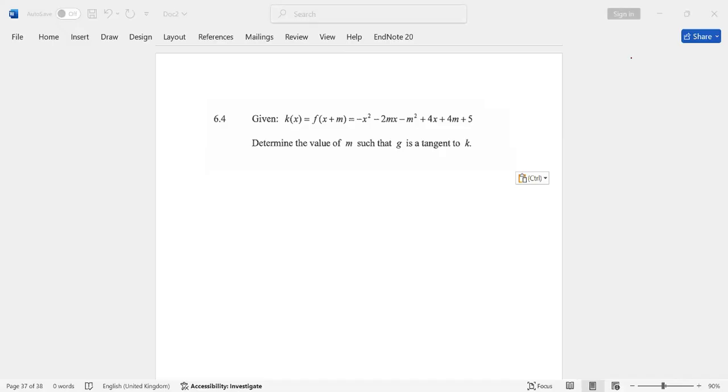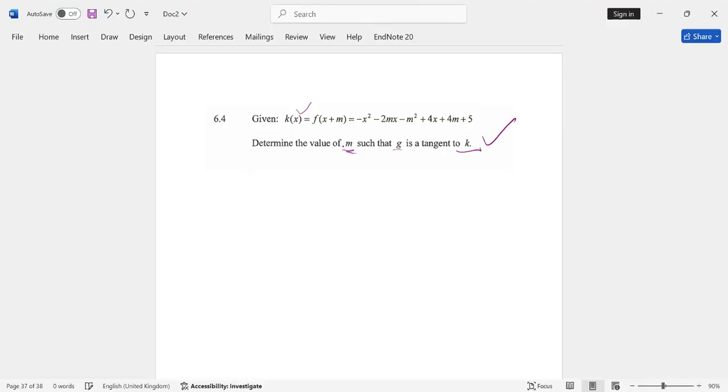Now, the next question is question 6.4. Given k of x equals f of x plus m, which equals minus x squared minus 2mx minus m squared plus 4x plus 4m plus 5, we have to determine the value of m such that g is tangent to k.